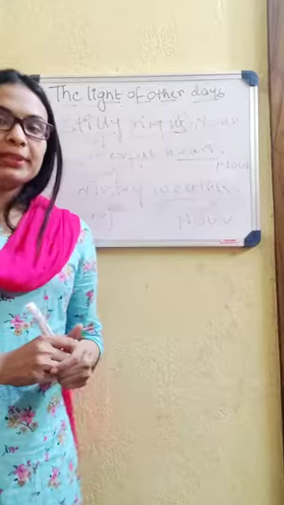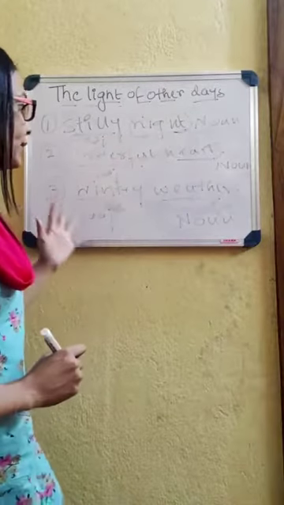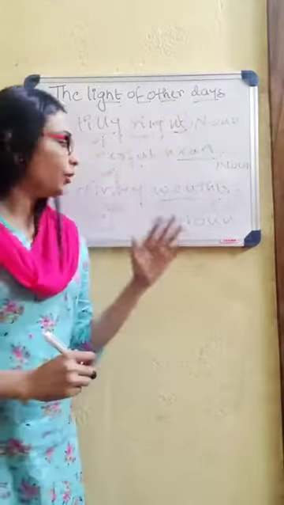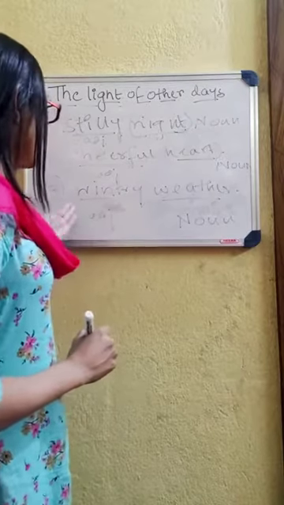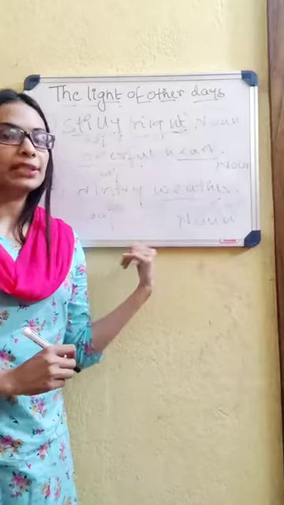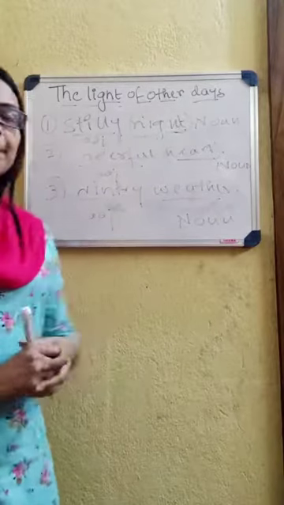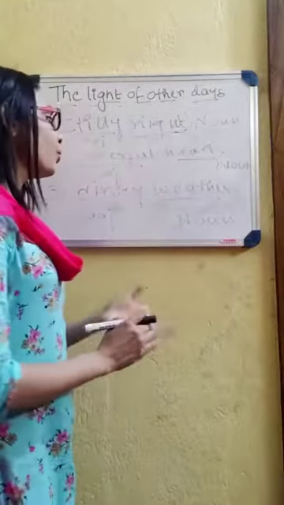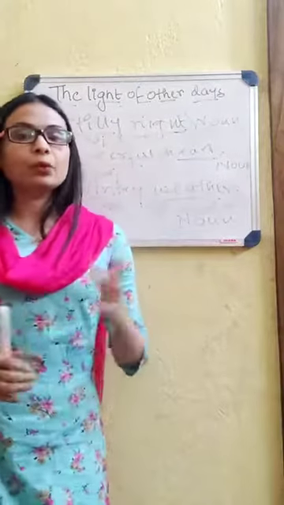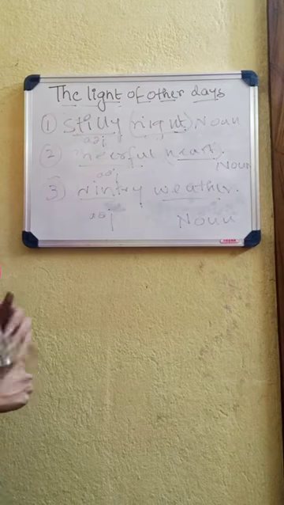So a transferred epithet is an adjective used to qualify a noun. The meaning of this adjective is transferred to the noun. That is why it is called transferred epithet, which is a modifier used to qualify a noun. This is, in simpler terms, the definition of transferred epithet.